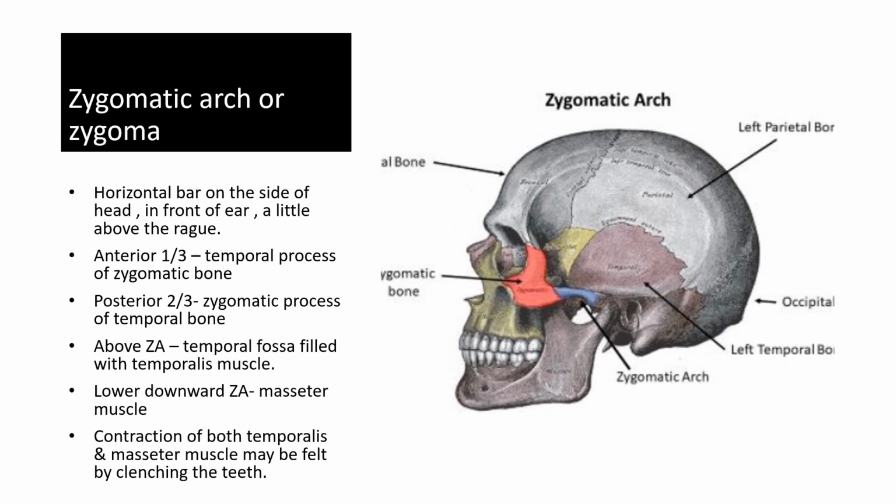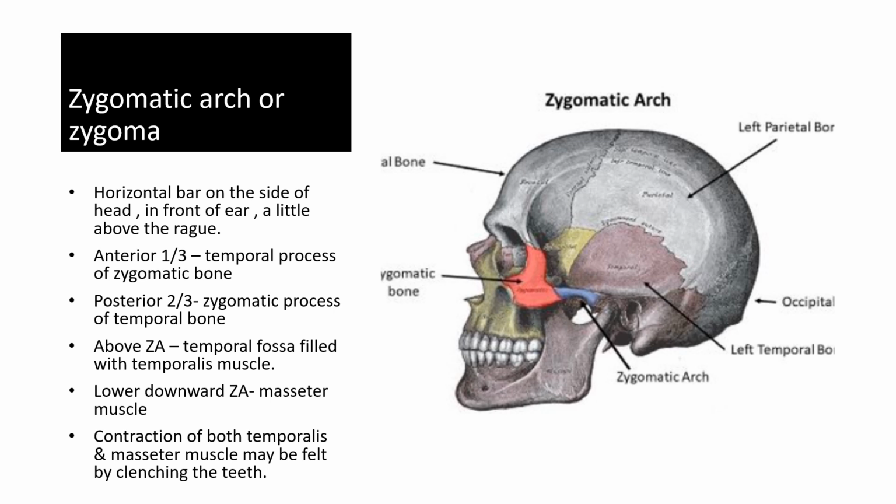Actually, the zygomatic arch is also called the zygoma. The zygomatic arch is a horizontal bar on the side of the head, in front of the ear, and a little above the rim. The anterior one third of the zygomatic arch is formed by the temporal process of the zygomatic bone, and the posterior two thirds is made by the zygomatic process of the temporal bone.